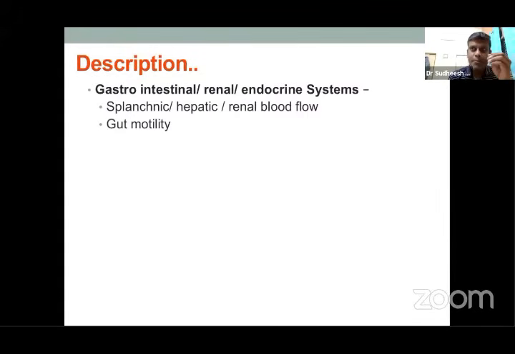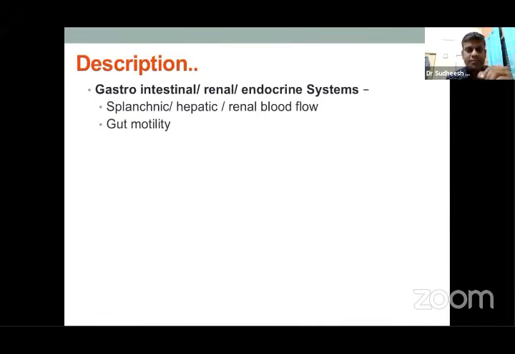For example, some drugs have a very high hepatic extraction ratio, that is, once the blood flows to the liver, the majority of the drug is taken up because the liver has a very high capacity to metabolize those drugs. For example, lignocaine, ketamine. Such drugs are significantly dependent upon hepatic blood flow. Any decrease in hepatic blood flow will result in decreased metabolism of these drugs.